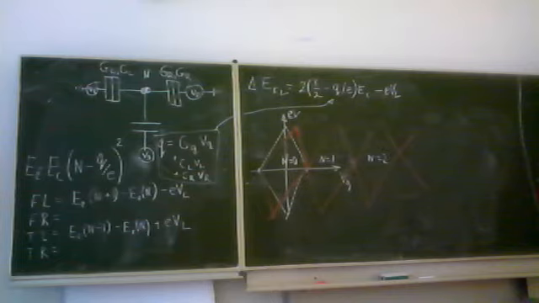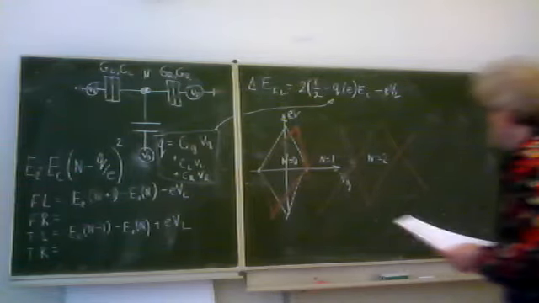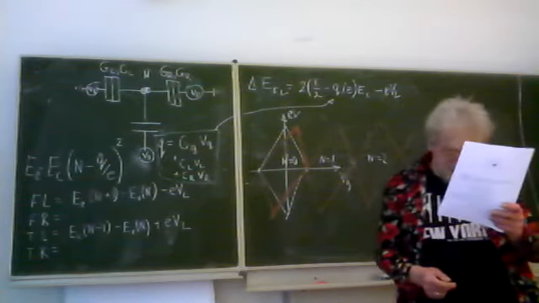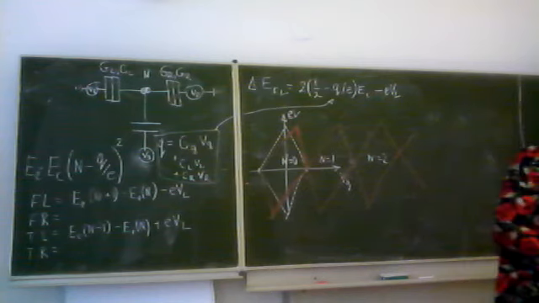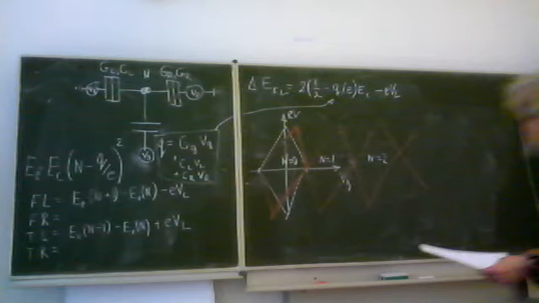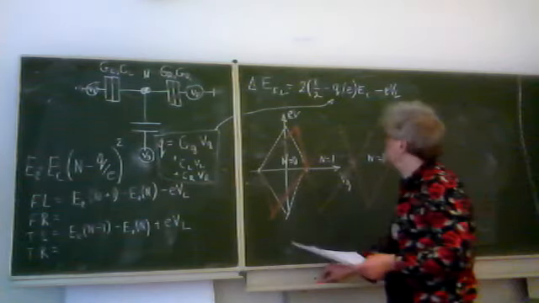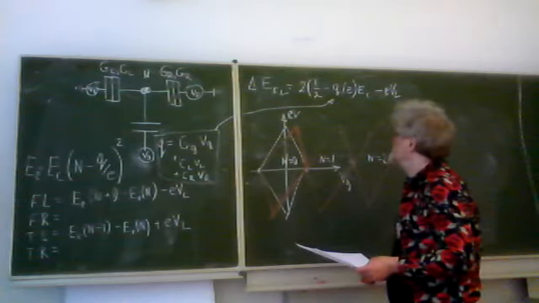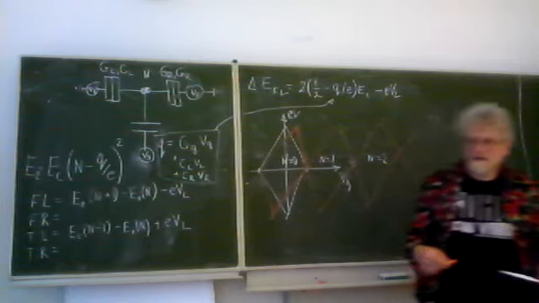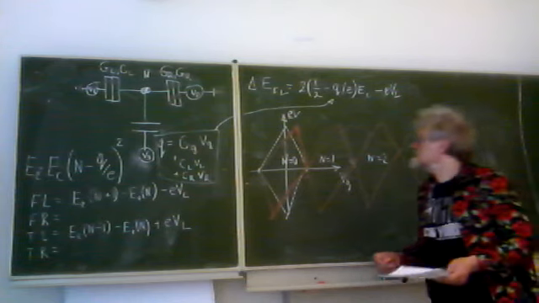Right, what was the next question? Give a region in the V-VG plane corresponding to one-by-one electron transfer. That is easy, we have seen it in the lectures. It can be seen as an inheritance of these diamonds.